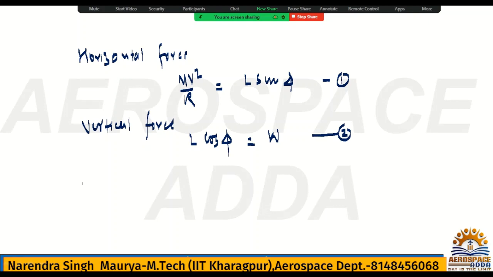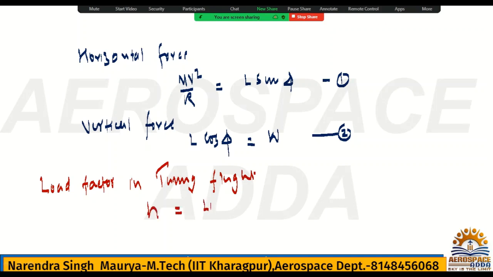Now, we can write one very important thing, because in GATE they have asked this, so it should be very clear. Load factor in turning flight. What is load factor? Load factor is lift by weight. Yes or no? What is the lift by weight?